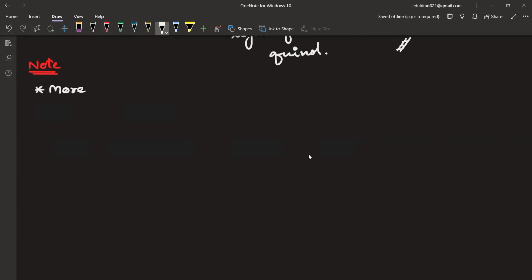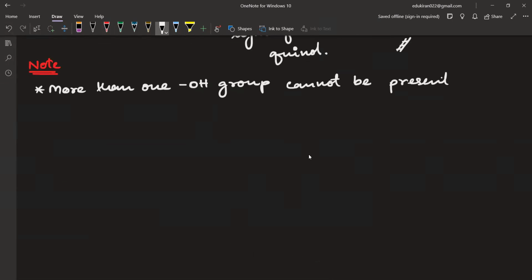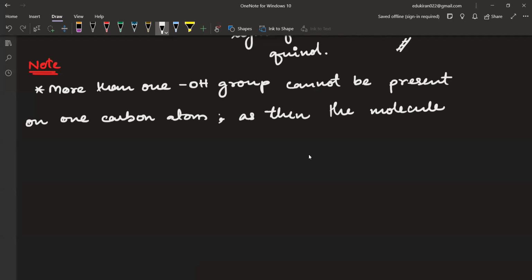More than one OH group cannot be present on one carbon atom, as then the molecule becomes very unstable and releases H2O.